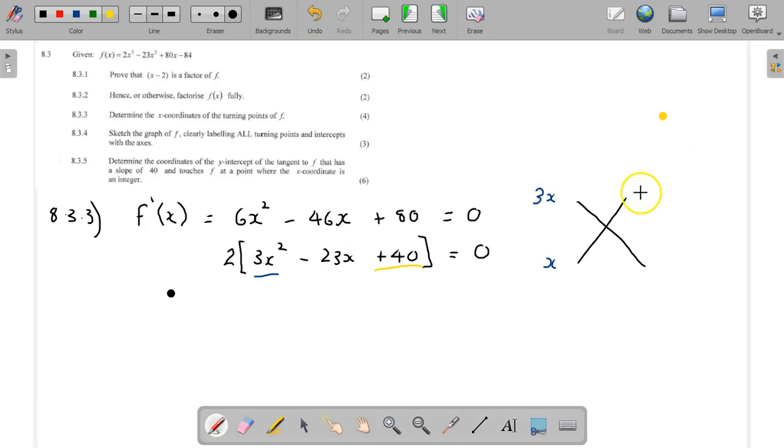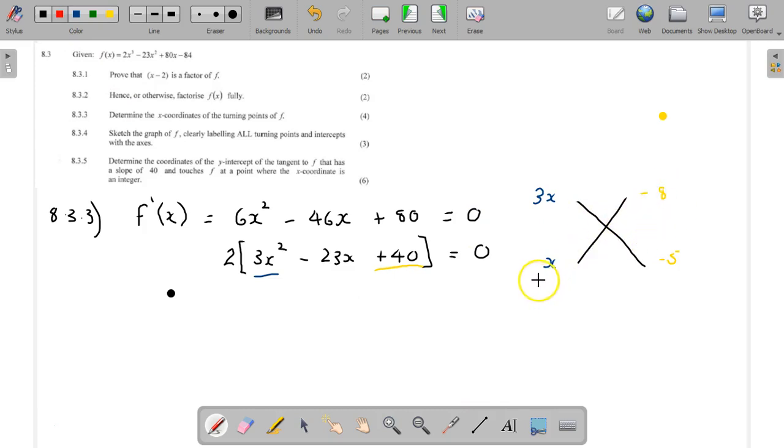So I'm going to try minus 8 and minus 5, and this is purely from practice that I'm trying this.